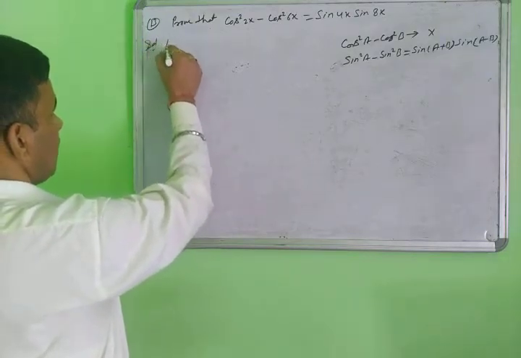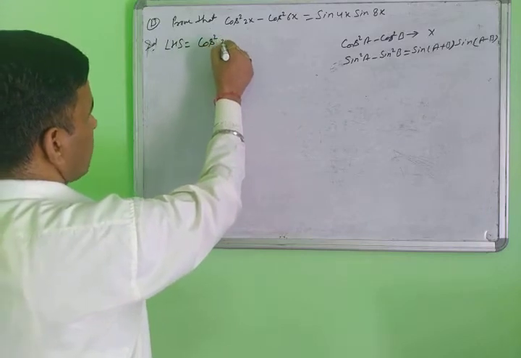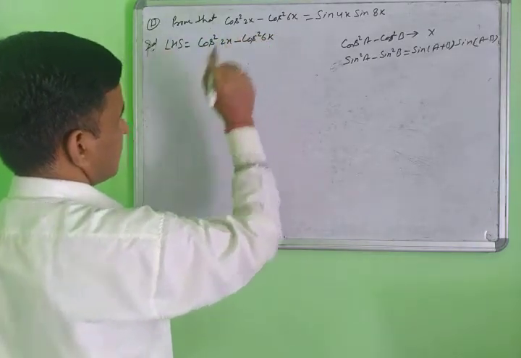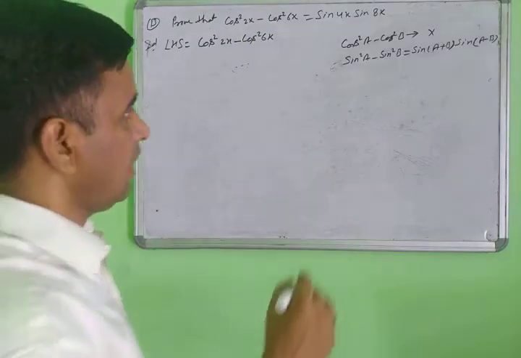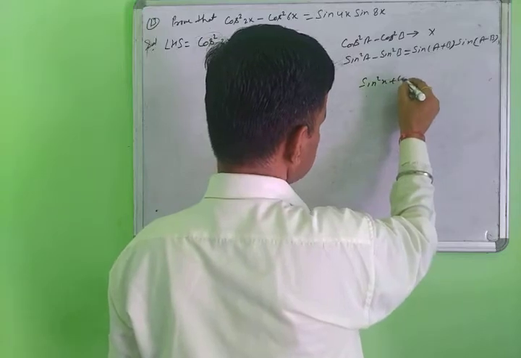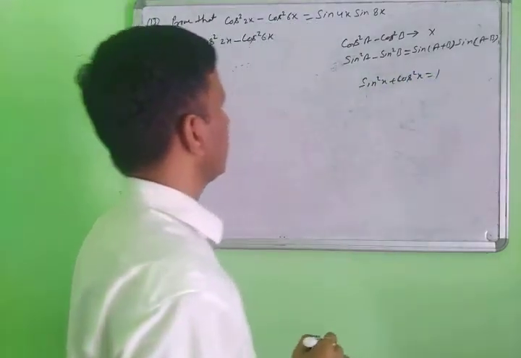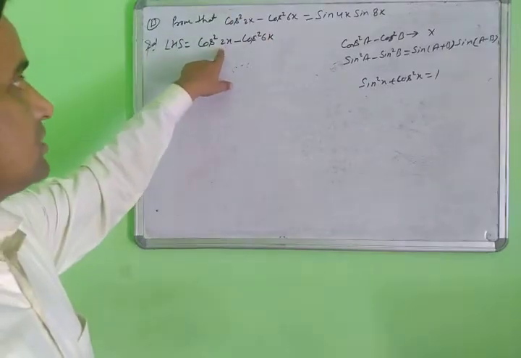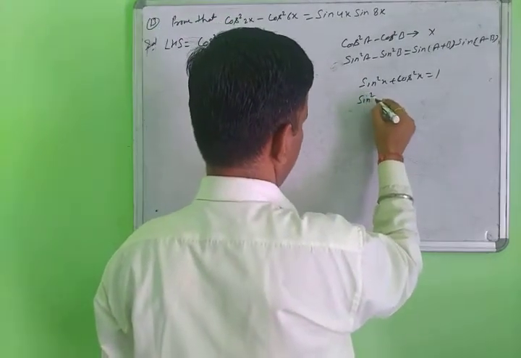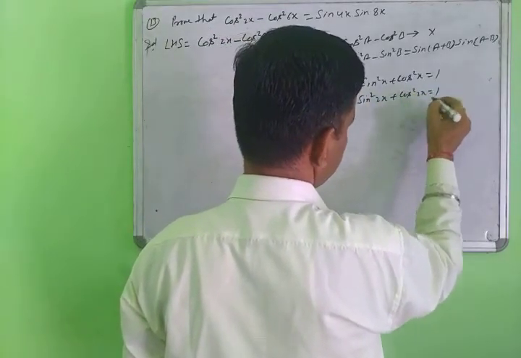Solution. Cos square 2x minus cos square 6x. Yes, we know sin square x plus cos square x equal to 1. Suppose we have sin square 2x plus cos square 2x also equal to 1.